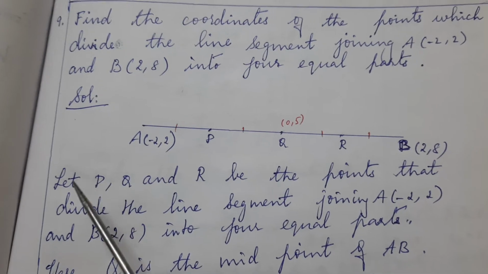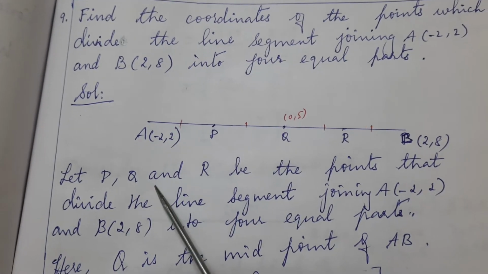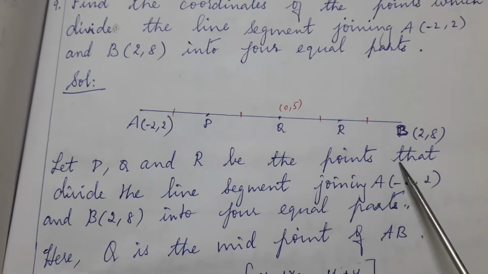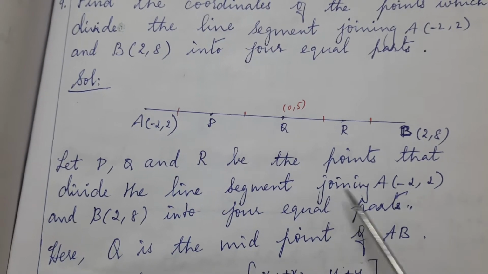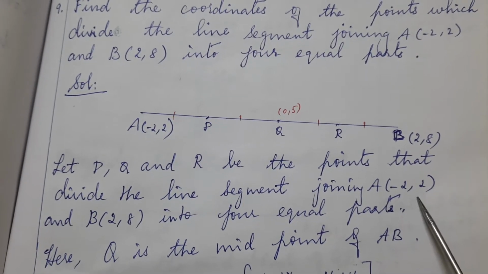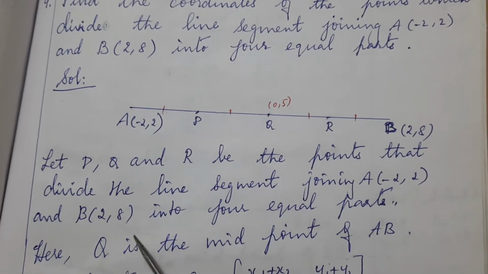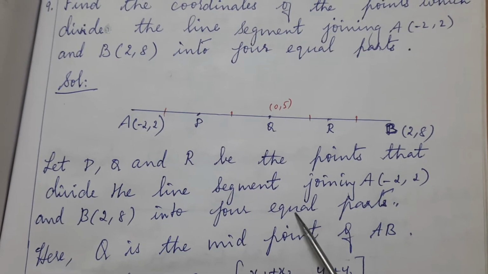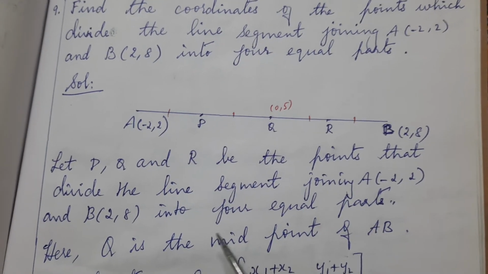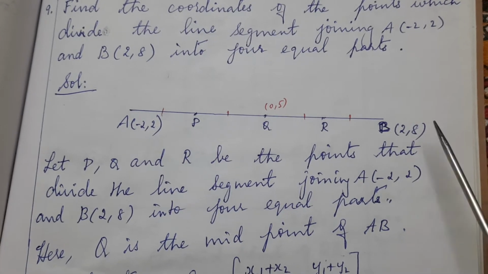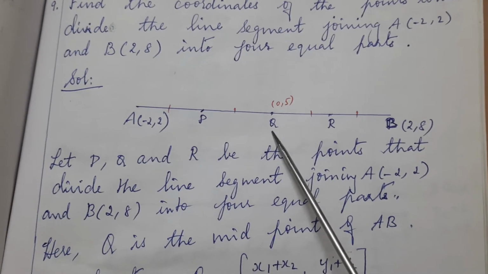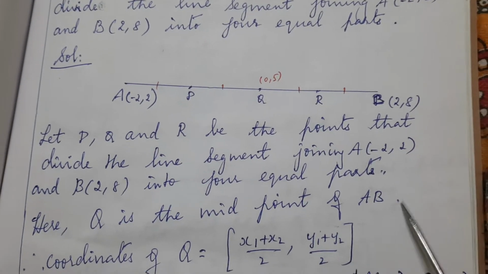So now the solution. Let P, Q and R be the points that divide the line segment joining A of (-2, 2) and B of (2, 8) into 4 equal parts. As I told you, I have taken AB, and Q is the midpoint. So here Q is the midpoint of AB.